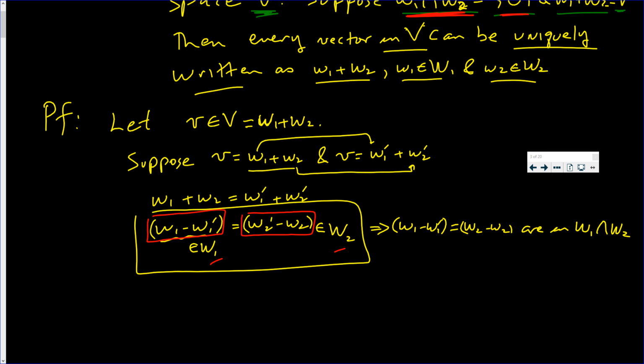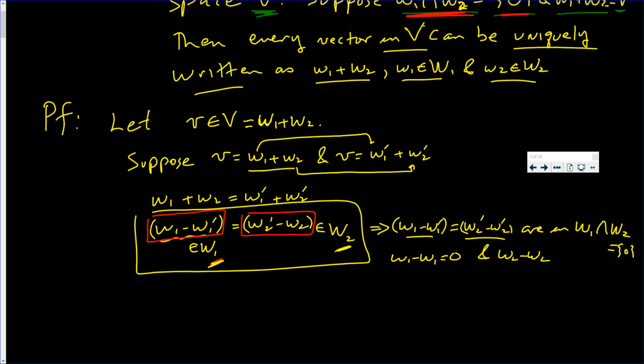Okay, because they're equal. Something in W1 equals something in W2. That something has to be in both W1 and W2. Well, the only thing in both of them is 0. That means this one must be 0, and this one must be 0.